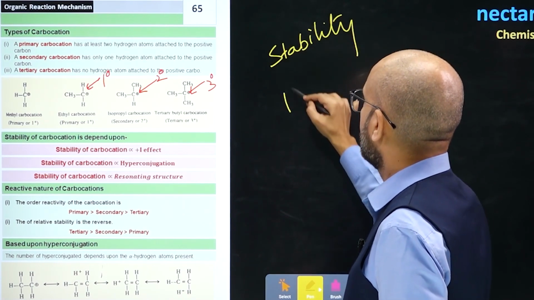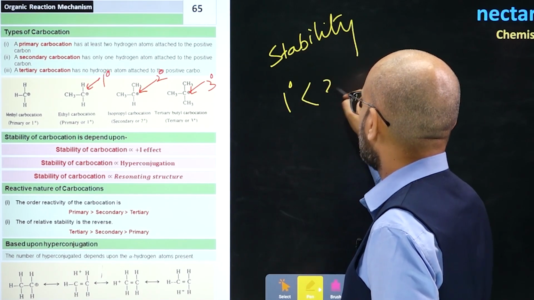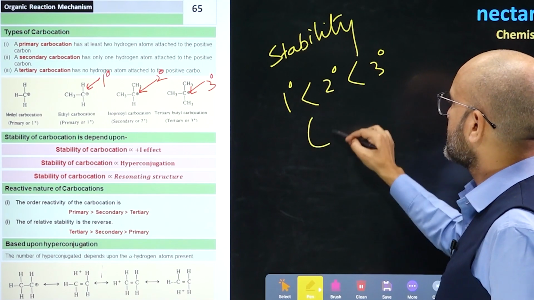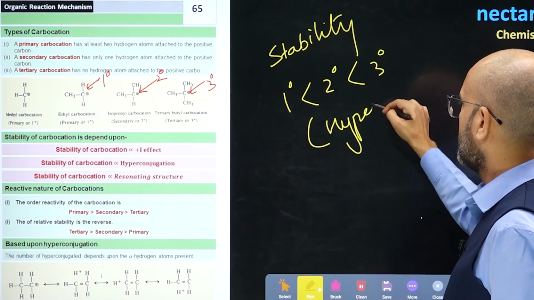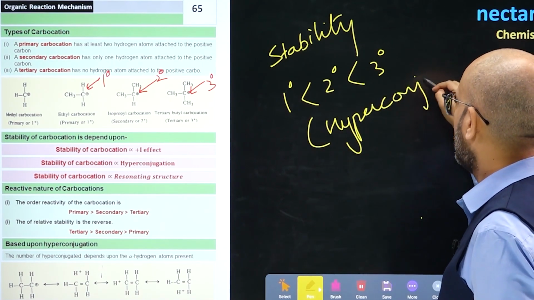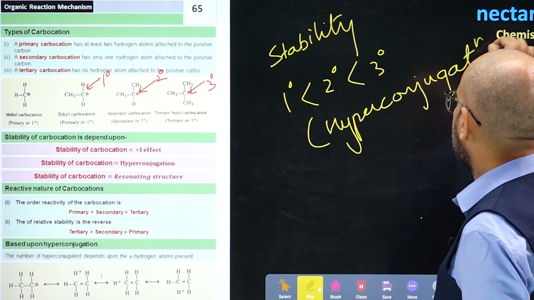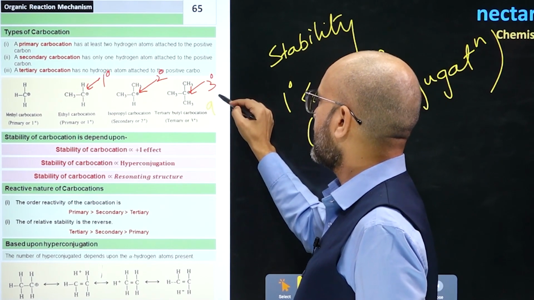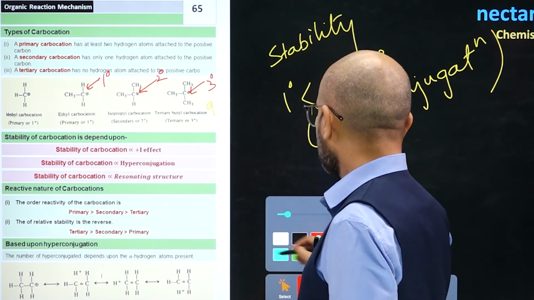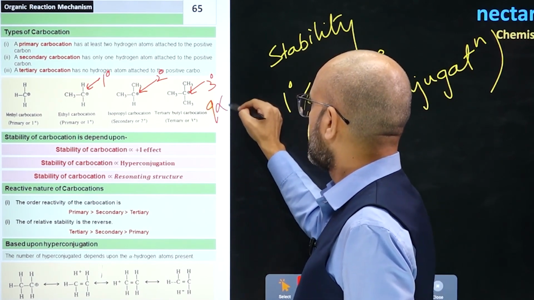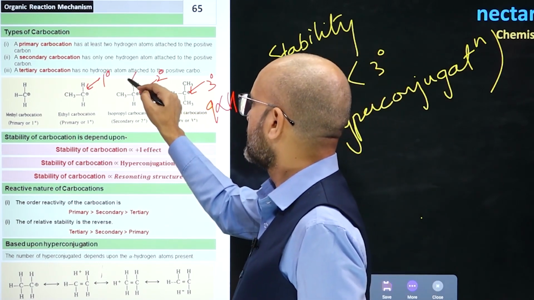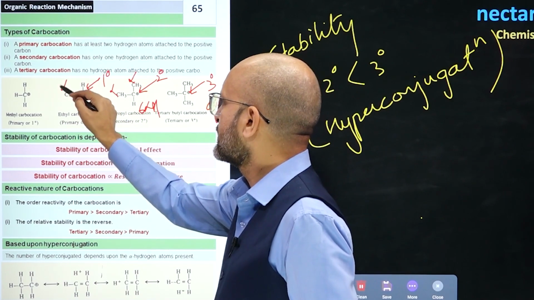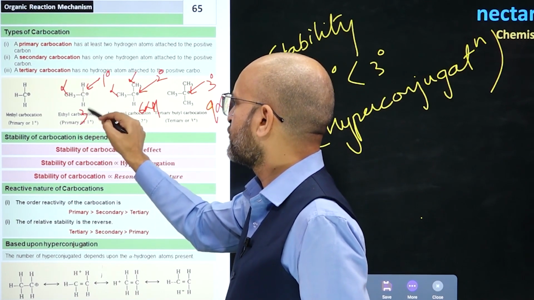1 degree is less stable than 2 degree, 2 degree is less stable than 3 degree. The reason for this is hyperconjugation. So 3 degree will have more alpha H. For example, here the tertiary carbocation has 9 alpha hydrogens, this one has 6 alpha hydrogens, and this one has 3 alpha hydrogens.